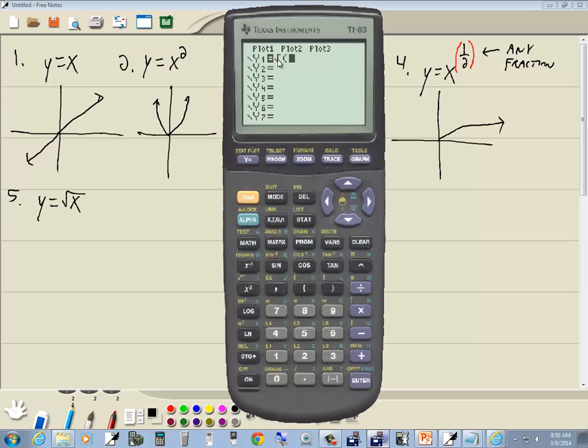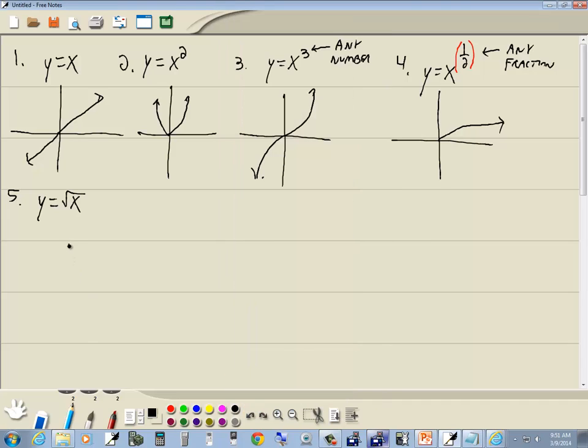And you should see it put the square root and then the beginning parentheses. So then I'll put my x, and then I'll put my closing parentheses, and then graph. Now you may be looking at that, like, well, that gives me the exact same graph as the other one. It should. y equals x to 1/2 is actually the same as y equals square root of x.